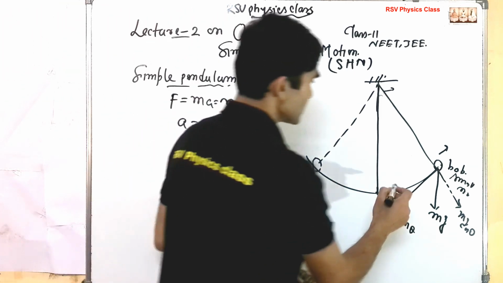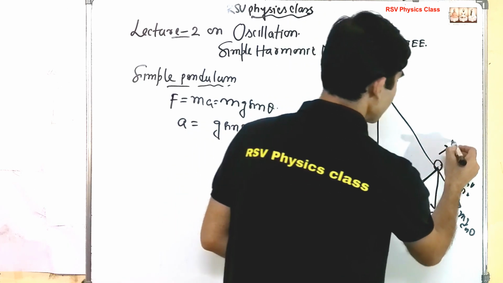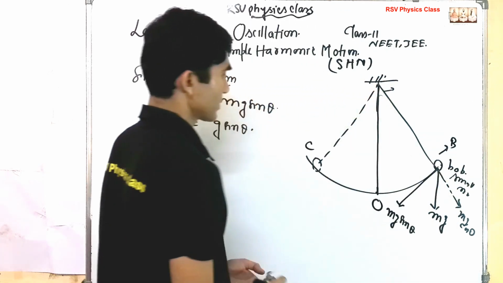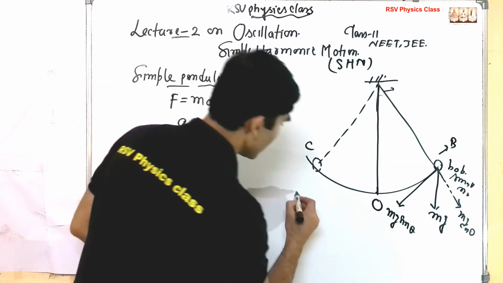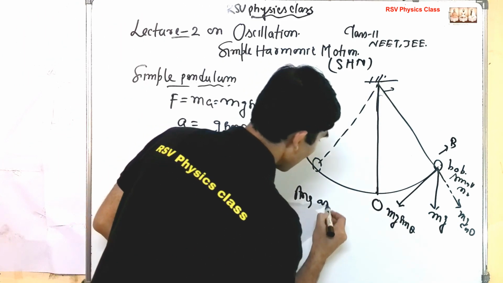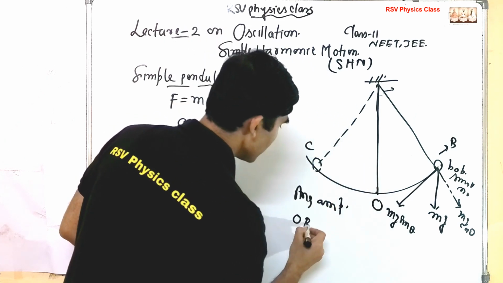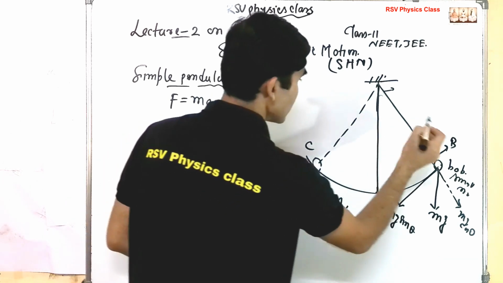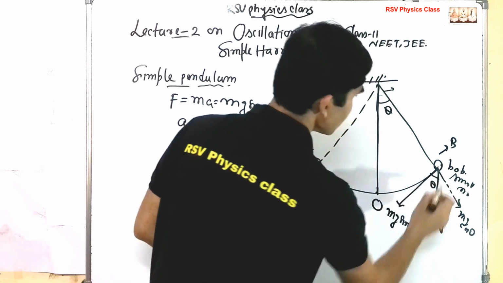Now if this angular distance, if this is O and this is B and this is C, then the maximum amplitude is OB equal to OC, and this will be your theta. This theta we had taken, this is theta.